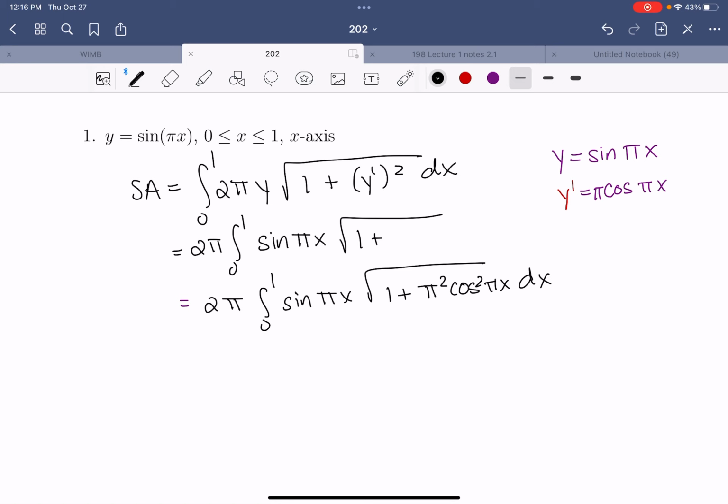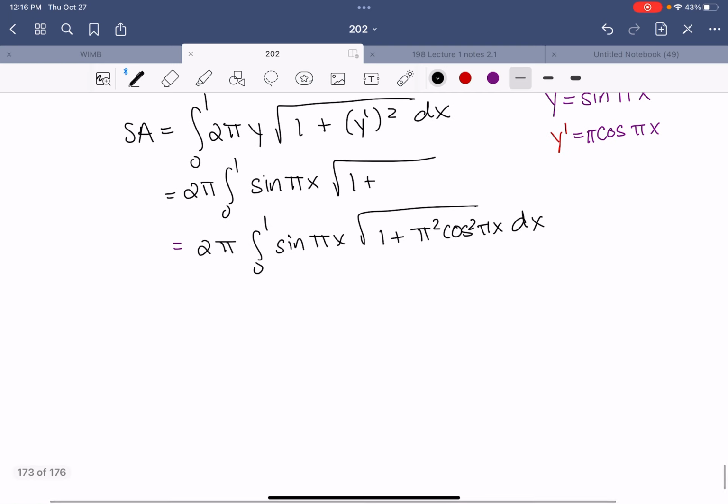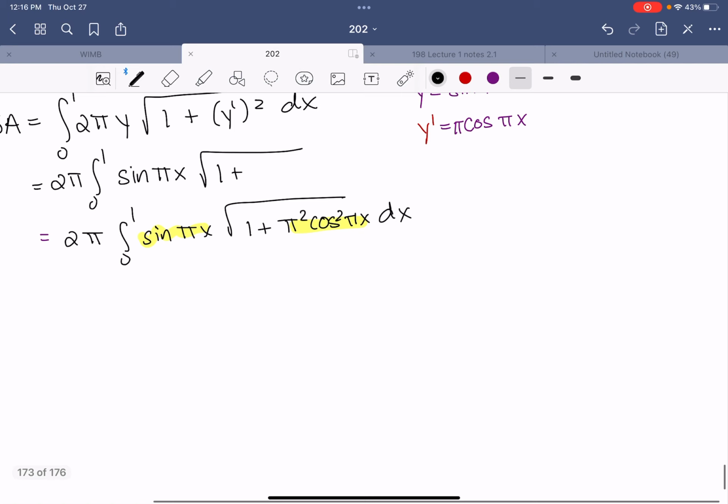Okay, so what we would do next is think about what we can do here. We do see that we have a function, cosine pi x, and its derivative, sine of pi x. So the first thing we would do is make a u substitution for cosine of pi x.